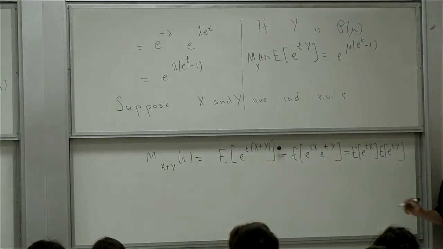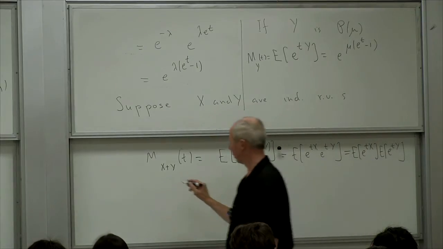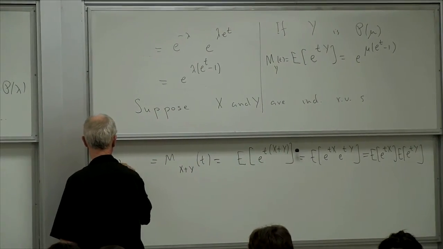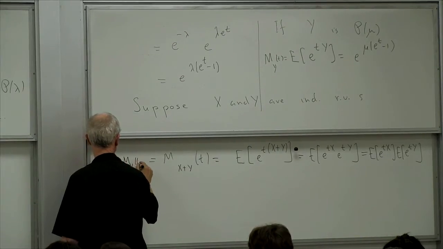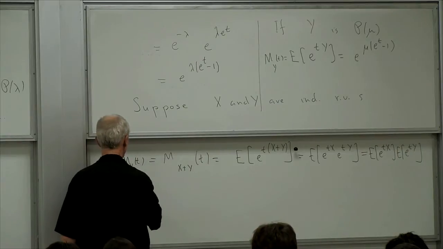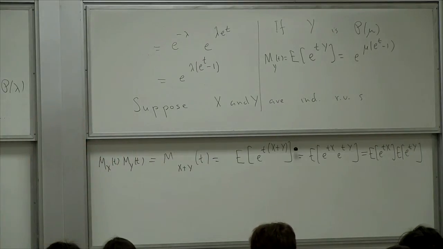Okay? So we've just shown that when the random variables are independent, the moment generating function for the sum is the product of the moment generating functions.